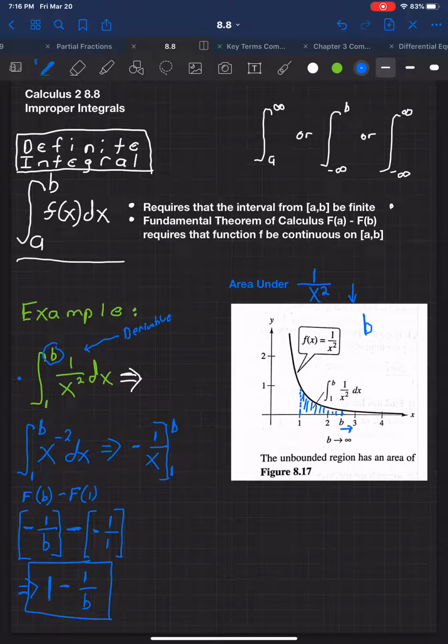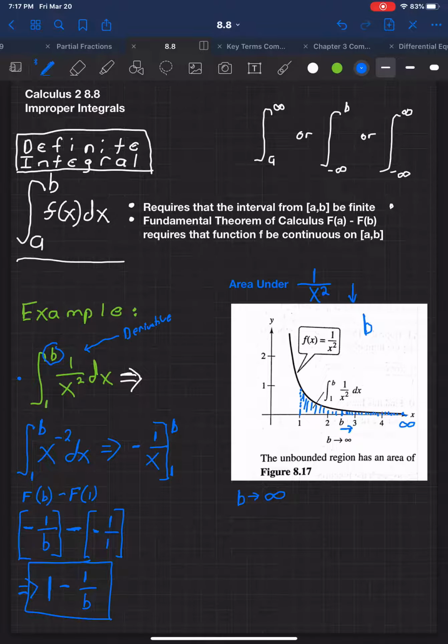So as I continue to move b to the right, I'm collecting more area under the curve of 1 over x squared. But what if I want to move this value b all the way to the right? In other words, I want all of the area under this curve from 1 to infinity.